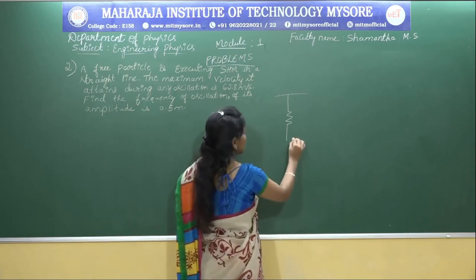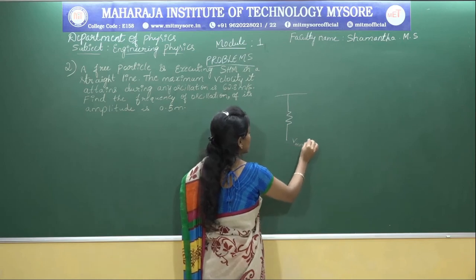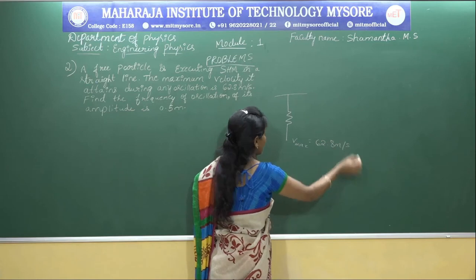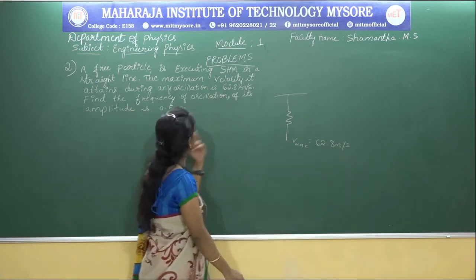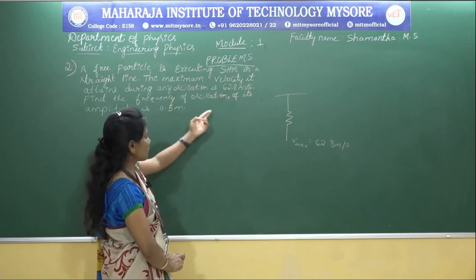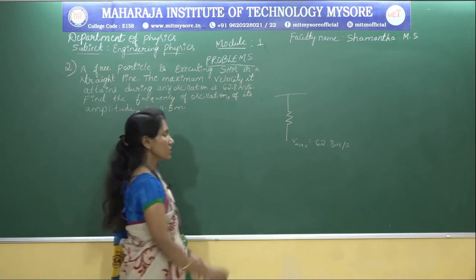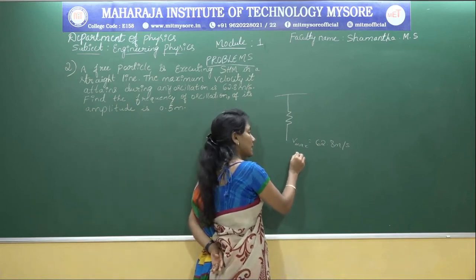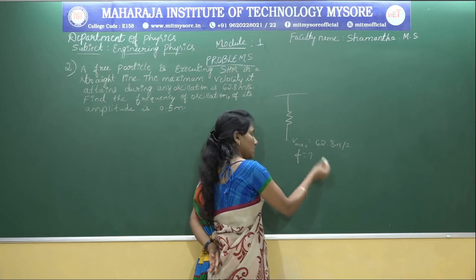So what is the velocity? The maximum velocity is 62.8 meter per second. Then find the frequency of oscillation. So we have to find out at what frequency the particle is oscillating.